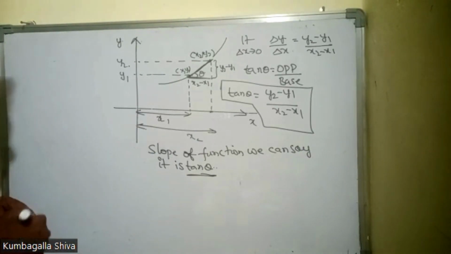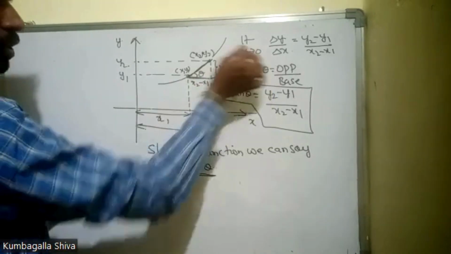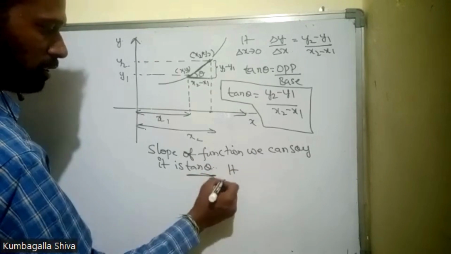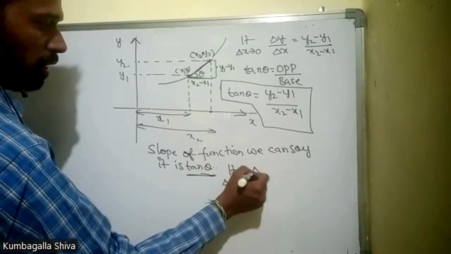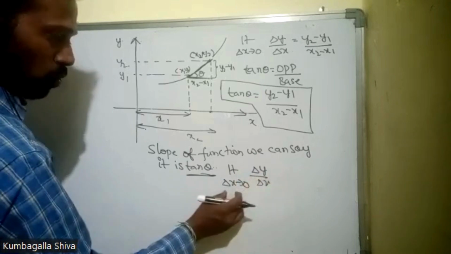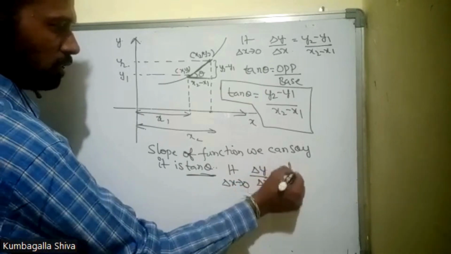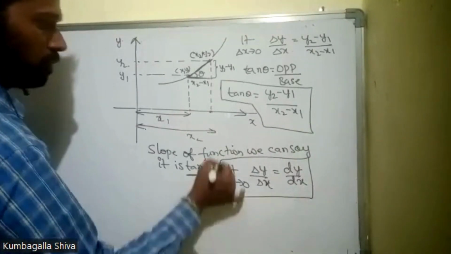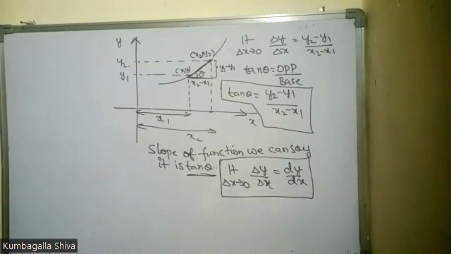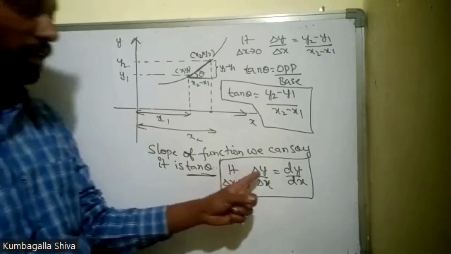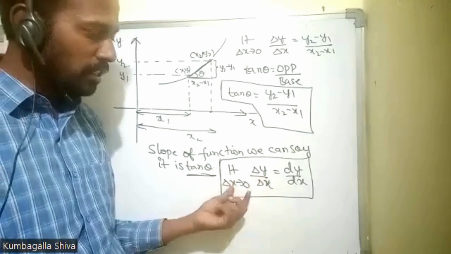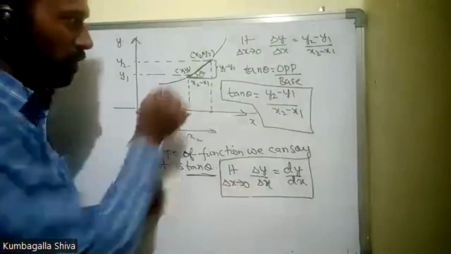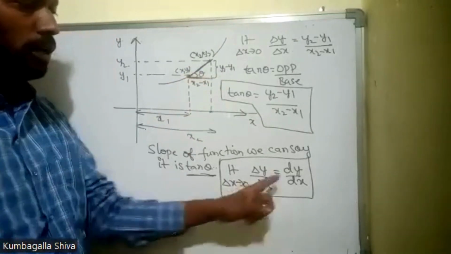Also, for a very close interval, we write delta y by delta x with limit delta x tends to 0. When it is very close to 0, we can write the expression as dy by dx. Only when delta x is approaching 0 can you write dy by dx.